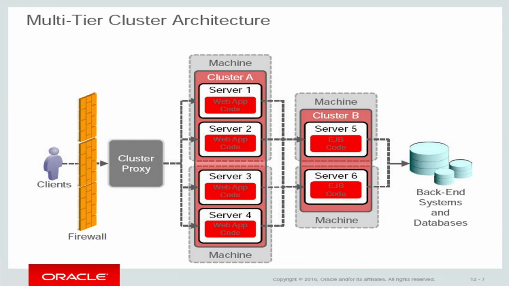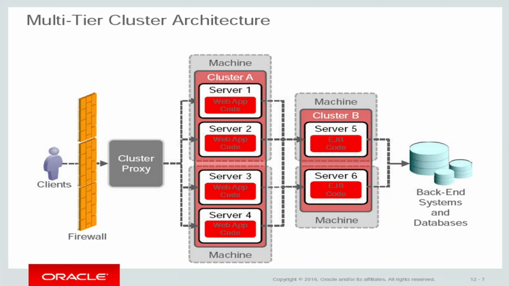And here we have a multi-tier cluster architecture, where there is an application which has your web server or web component in one cluster, and your backend code or EJB code in a backend cluster or another cluster.